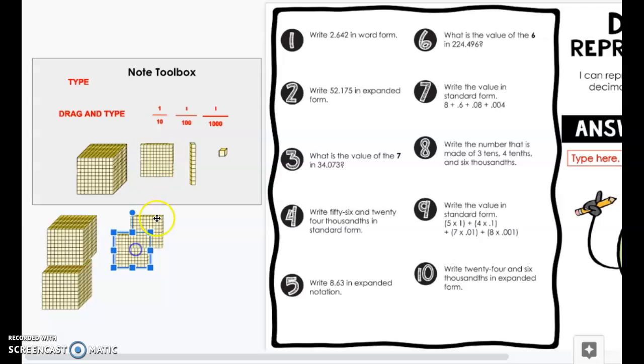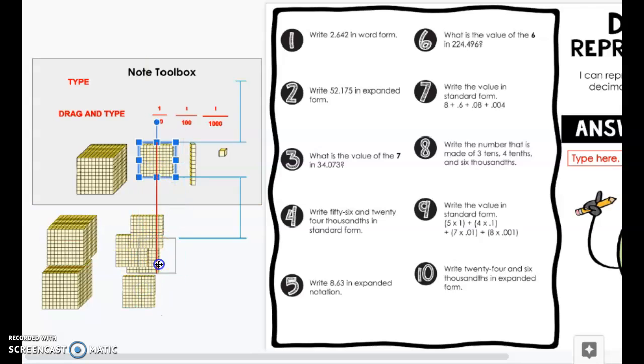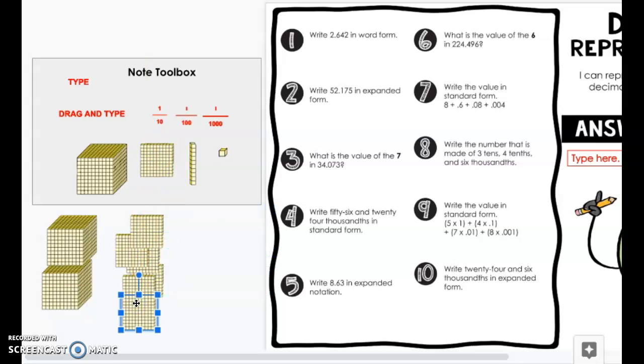So we can drag over 6 of the flats. Okay, there's my 6 flats. Kind of hard to see, but there they are. Now I move to the hundredths place, and I need 4 hundredths. Remember that in the hundredths place, I would need 100 of these blocks to make this whole.